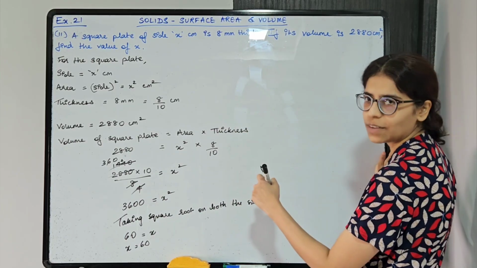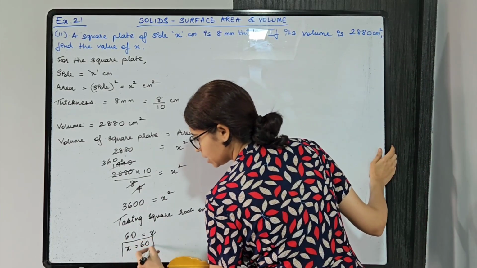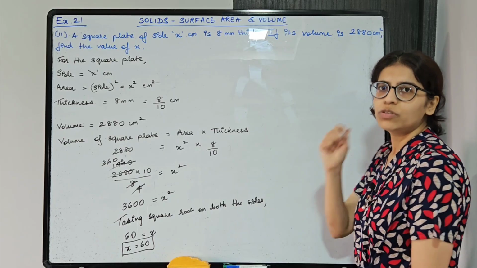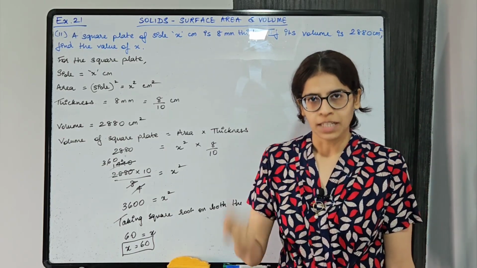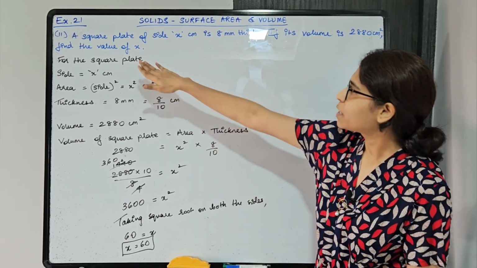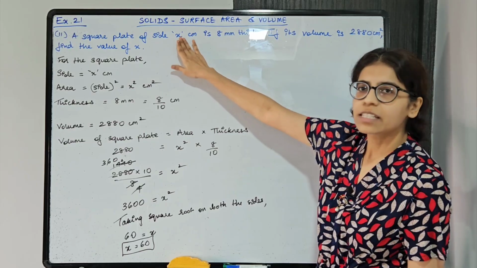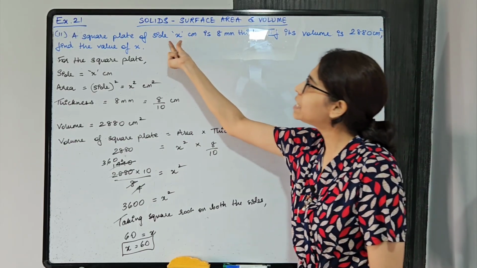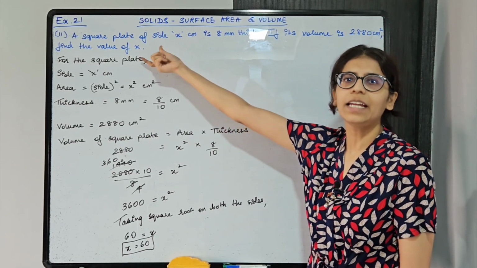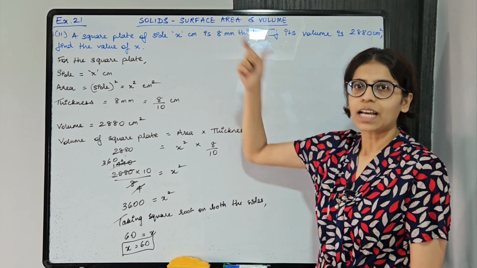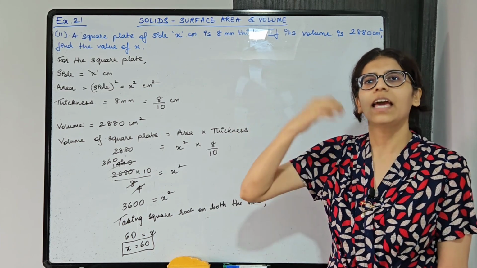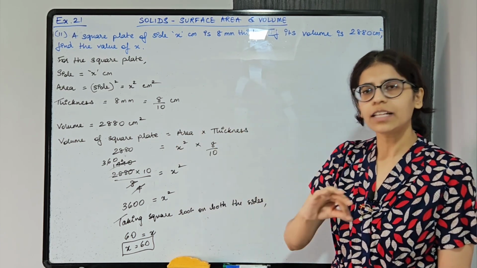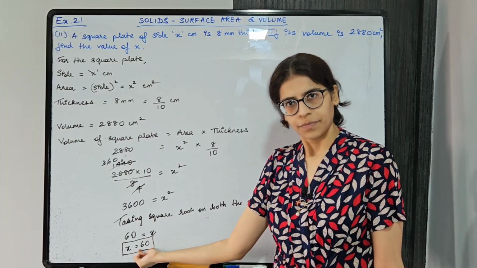We had to find the value of x, so x is 60. Students, here you will not write down centimeter. Why? Because the square plate has side x centimeter, that is 60 centimeter. Side is 60 centimeter. So side is having length x, okay, and x का value क्या है, 60 है, ठीक है.